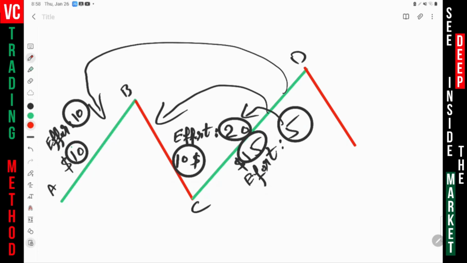In the retracement, if we again analyze that the price movement is only $5, but the effort it consumed here is just like 50, what is it indicating?